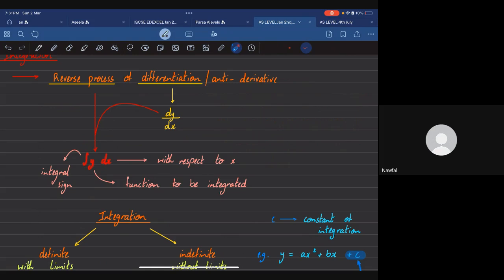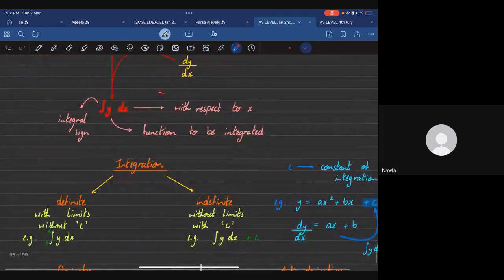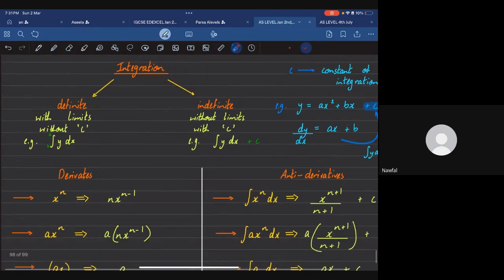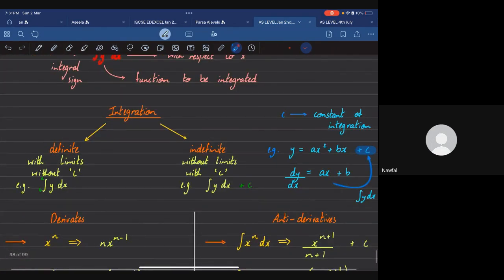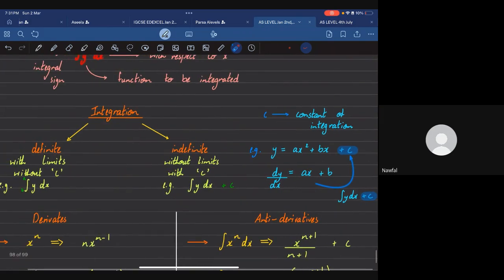All right. Then we simply figured out what it meant. Then we did how many types of integration exist. Integration is definite and indefinite. Definite integration is with the limits, without c, with no constant of integration. Indefinite is without the limits, with c, and c is the constant of integration.